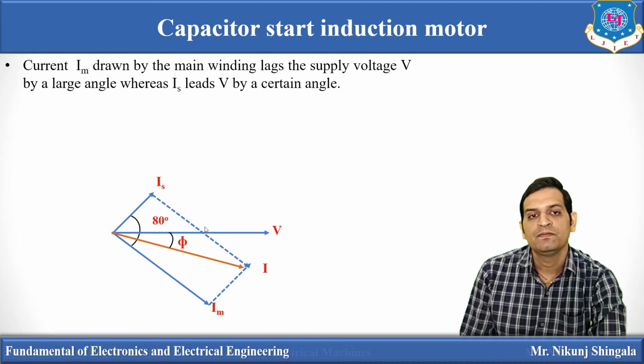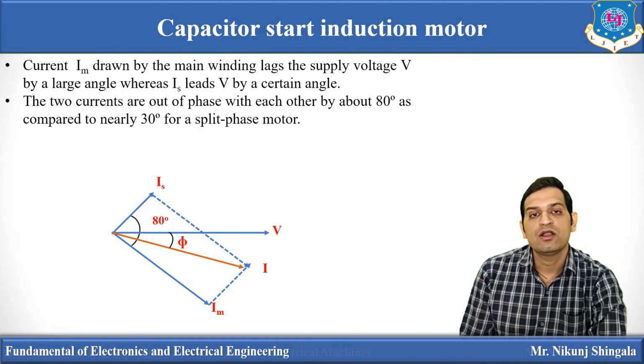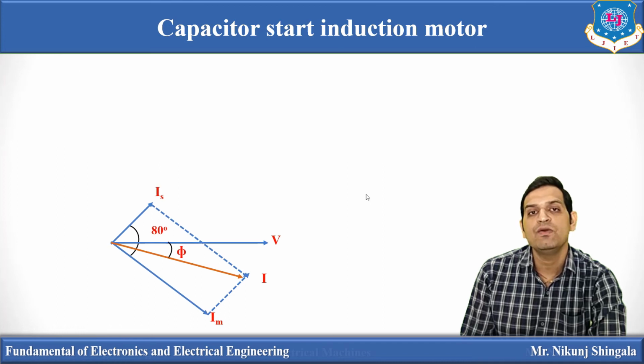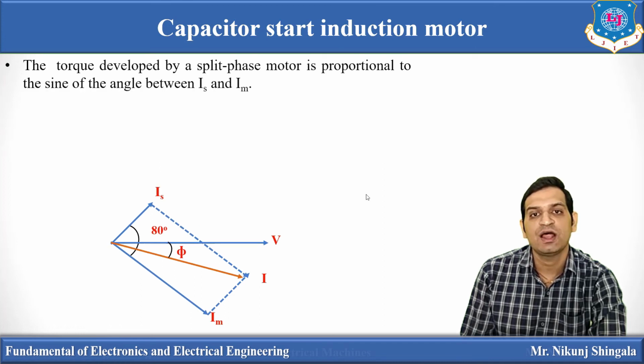Now you can see here the resultant angle between IS and IM is very large, which is 80 degrees, and in the case of the split phase induction motor, that is 30 degrees. So as the two currents are out of phase with each other by about 80 degrees as compared to 30 degrees for the split phase induction motor, their resultant current I is very small and almost in phase with V. So high starting torque can be developed in the case of the capacitor start motor.